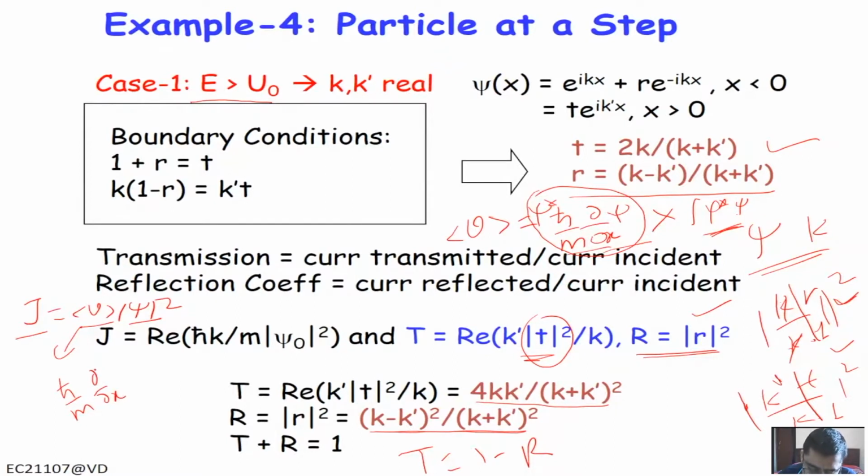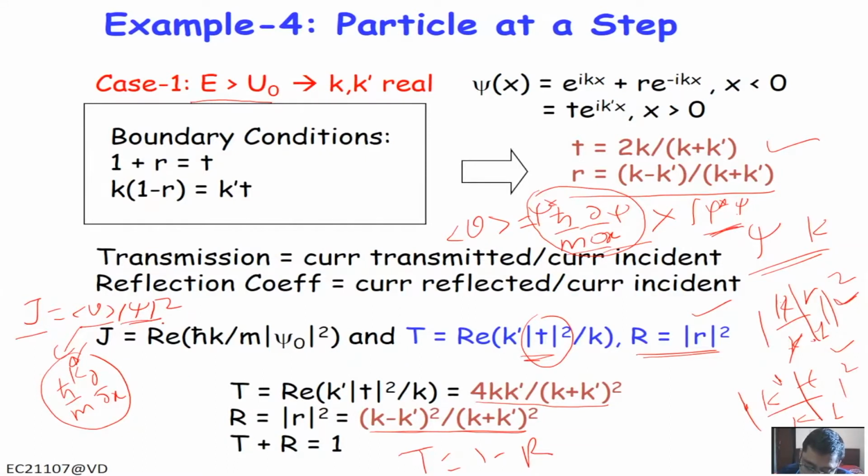So del by del x will actually give k. So k will come here, so this is basically velocity. Now h bar and m are constants, so the only thing that you have here is k. Other things are the same for the reflected, incident, and transmitted wave, right?